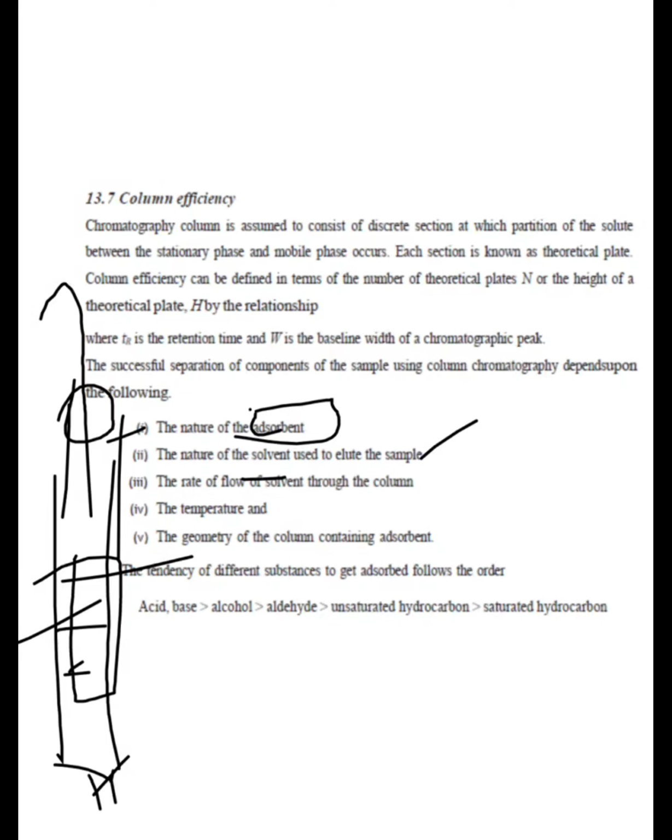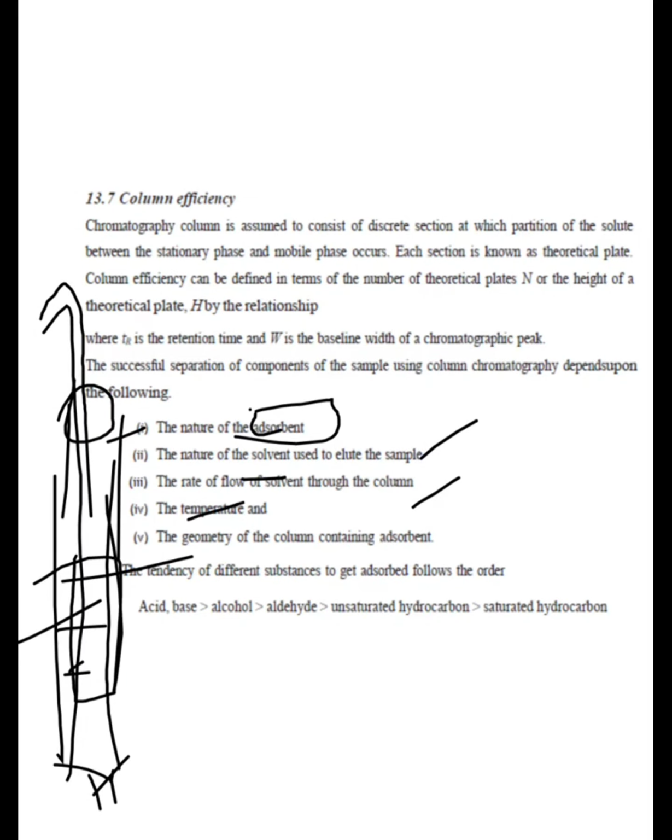The rate of flow of the solvent through the column also matters, since the elution of the sample takes time.